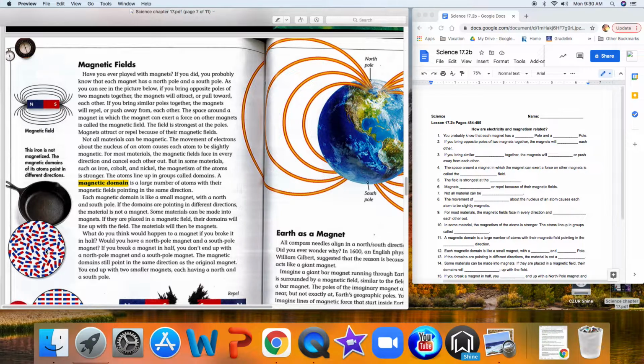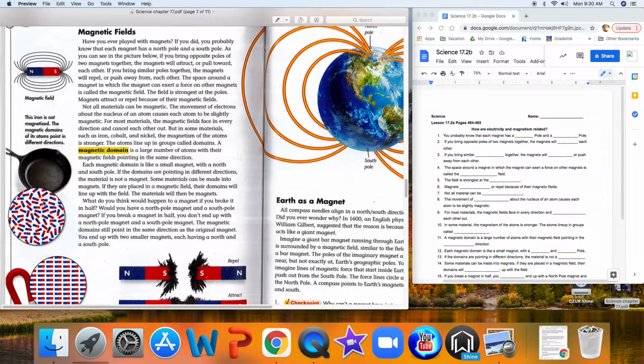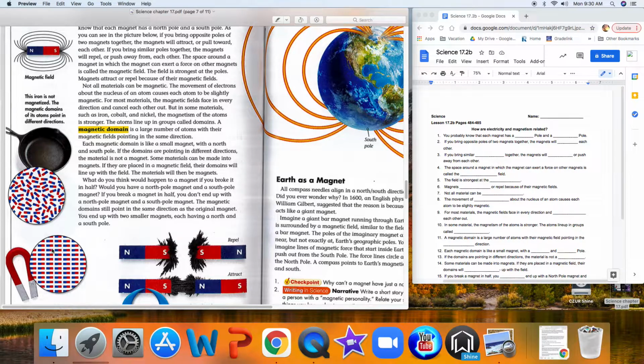And that goes along with this picture. What's happening in this picture here? All the little magnets are pointing different directions. What do I really want it to do? All line up. When they all line up, they are forming what we call a magnetic domain. A magnetic domain is a large number of atoms with their fields all pointing the same direction.